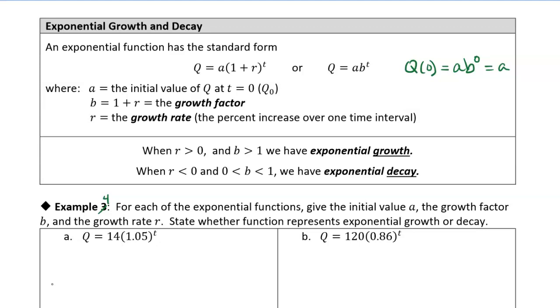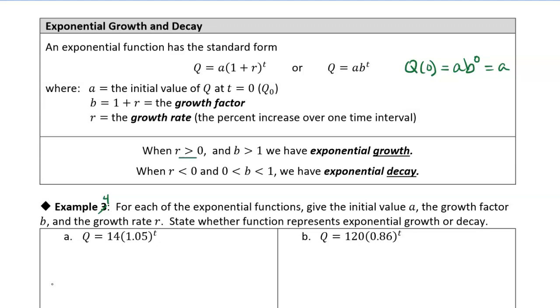Now we saw a couple of different types of growth in the last few examples. In the first two examples, we saw exponential growth. So we had the value of the CD growing over time, and then we had the tribble population. The population was growing over time. So our r value was positive.